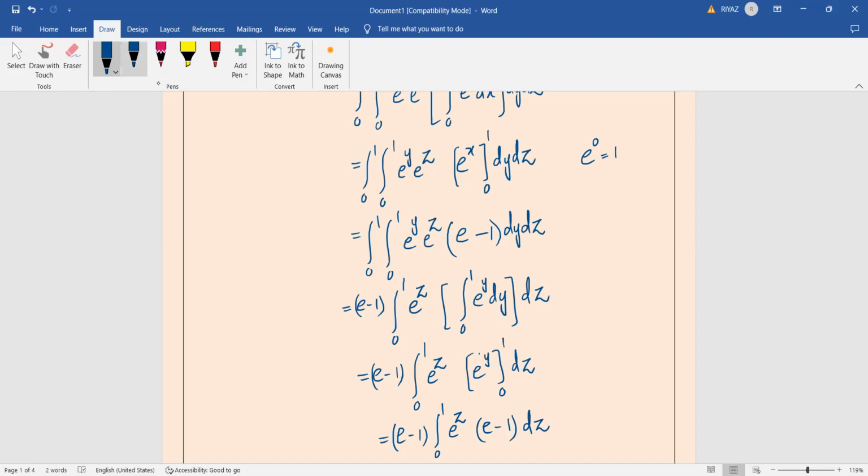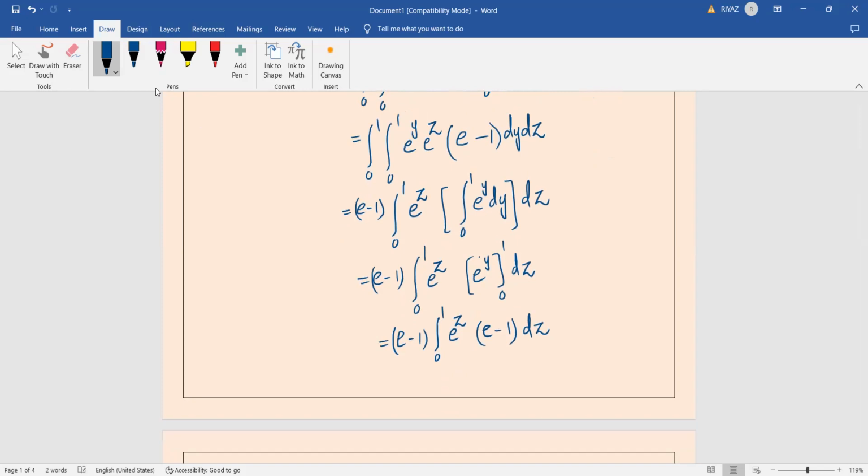Once again, e minus 1 we can pull out. E minus 1 and that e minus 1, one more is there outside. Together this becomes e minus 1 whole square, right? e minus 1 whole square, integral 0 to 1 e power z dz.